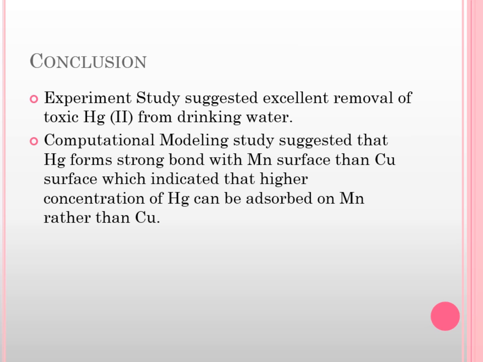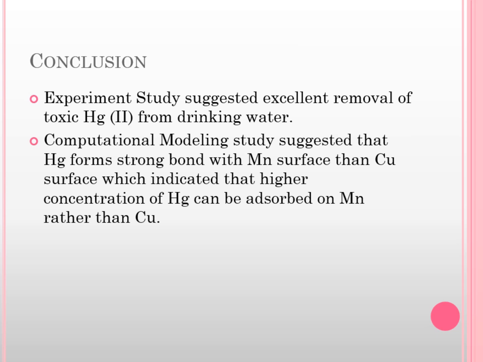Conclusion. The experimental study suggested excellent removal of toxic mercury from drinking water. So our experimental study showed good results for removal of mercury from drinking water using manganese copper bimetallic nanoparticles.